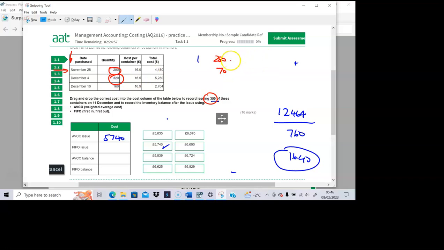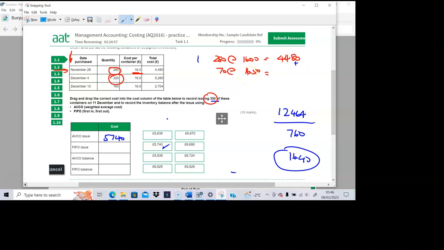Those 280 units would have cost £16 each, and these 70 units would have cost £16.50. So we have 280 times 16, which is 4480.